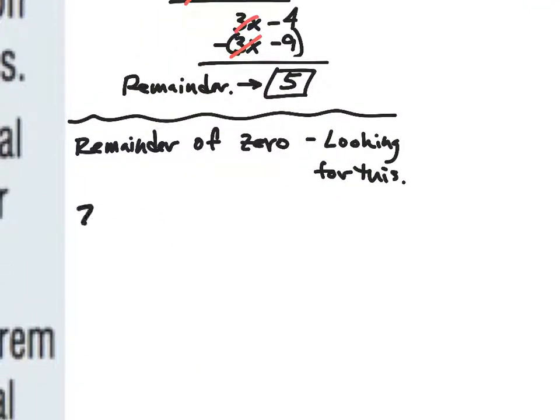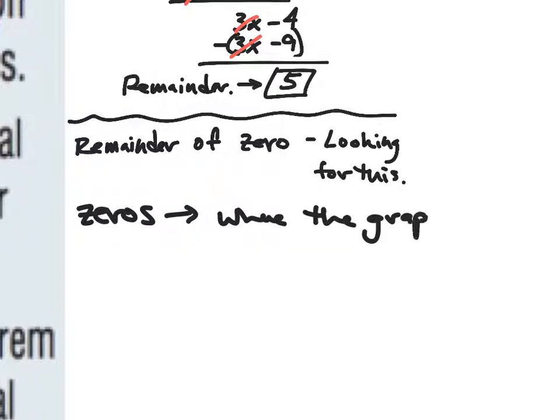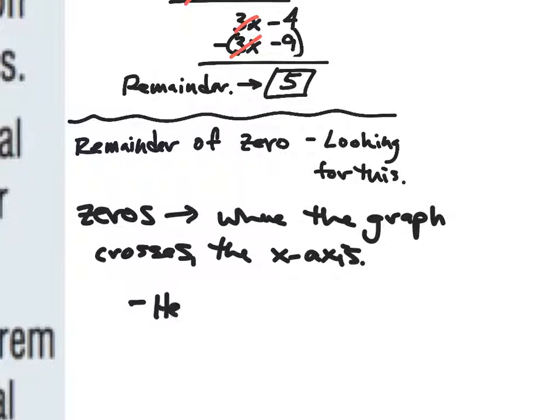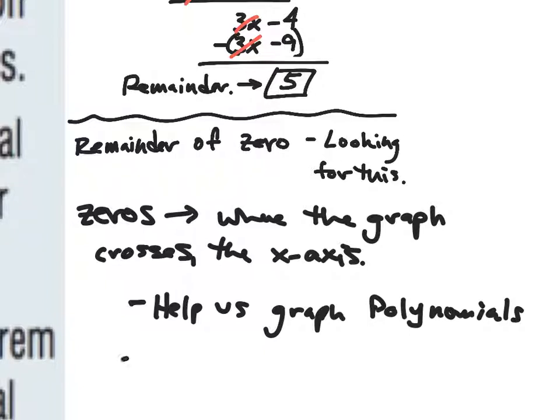I want to talk about zeros. Zeros are where the graph crosses the x-axis. We're looking for that. This will help us graph polynomials, and it will help us solve polynomials.